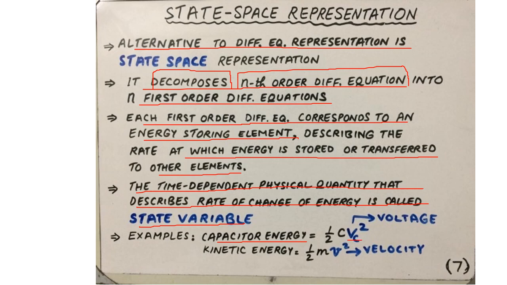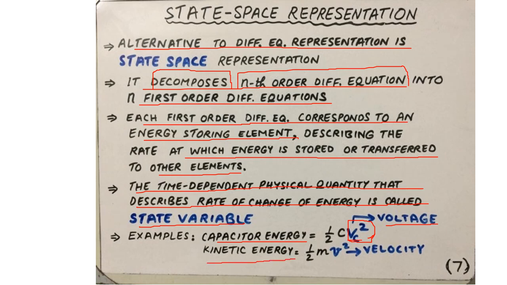And when the circuit is operational, this voltage can change, and hence the energy stored in the capacitor can change. So this voltage across the capacitor is an example of a state variable because it describes how the energy is transferred to the other components, or how the energy is stored in the capacitor from the other components.